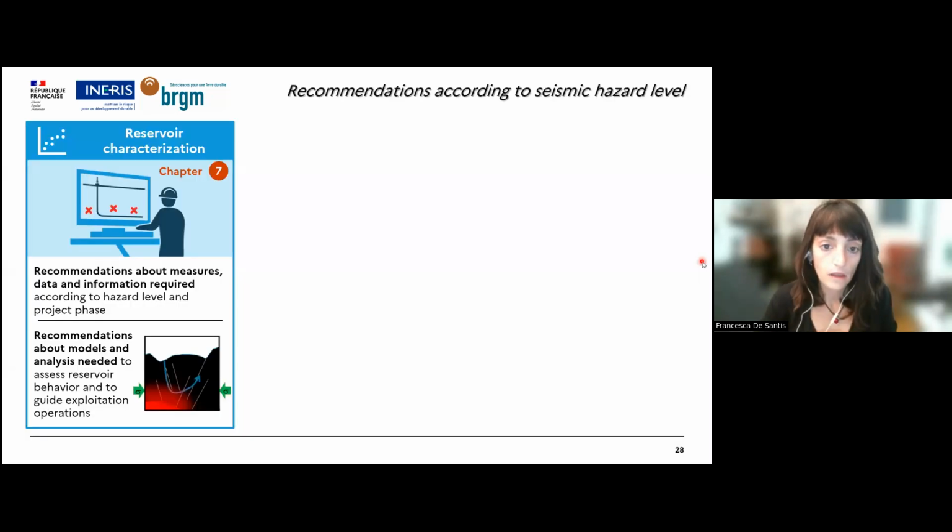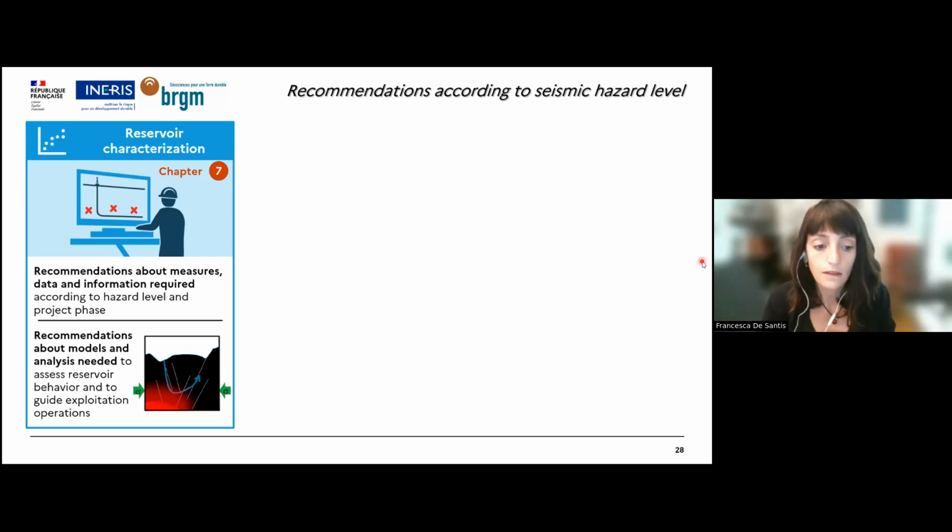So the first part of the recommendations, we call them reservoir characterization recommendations, because basically we have given recommendations about measures and data which need to be acquired according to the hazard level of the project and also the phase of the project.